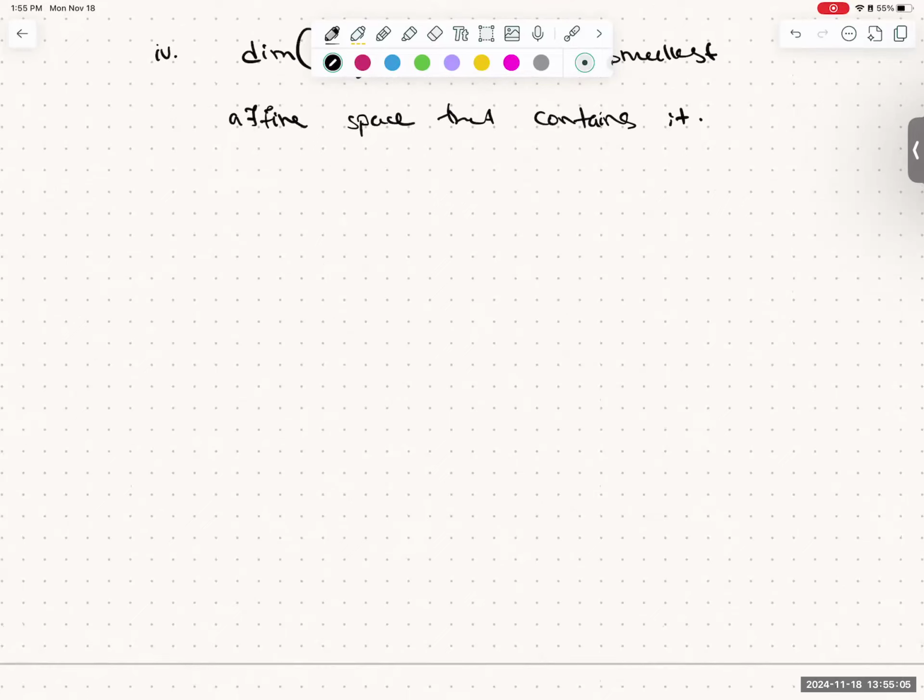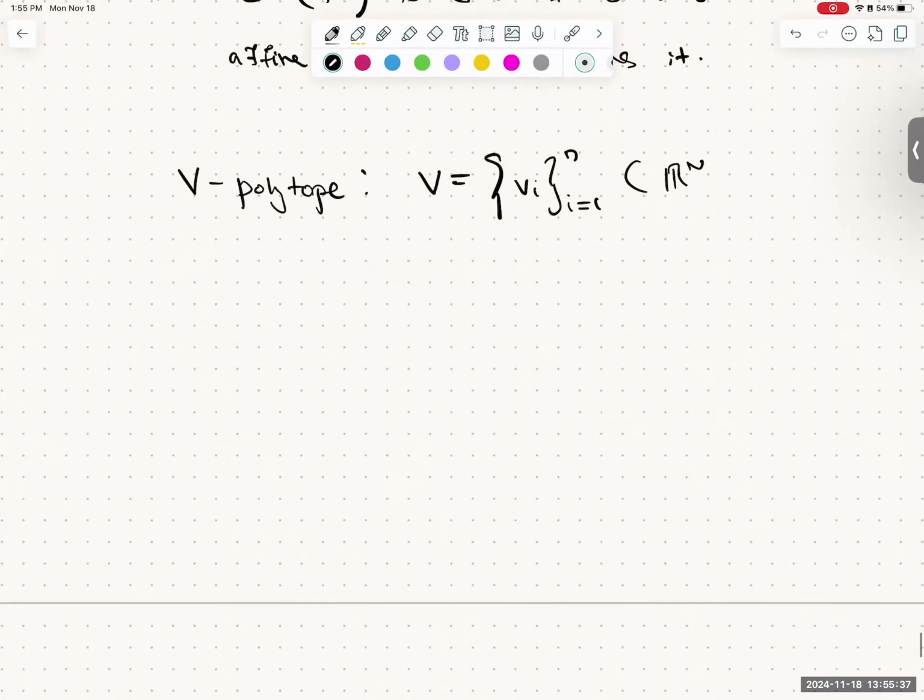Okay, so what do we mean by a V polytope? This is the other representation. Imagine that we have a set v_i, i equals 1 to, say, little n. So I have a finite subset of R^n, so it's a finite point set.